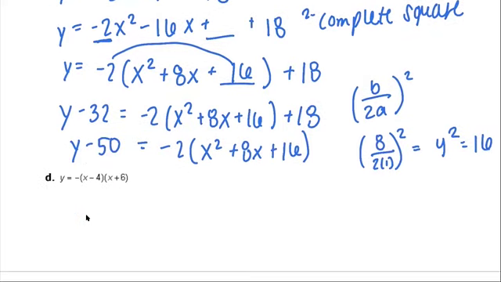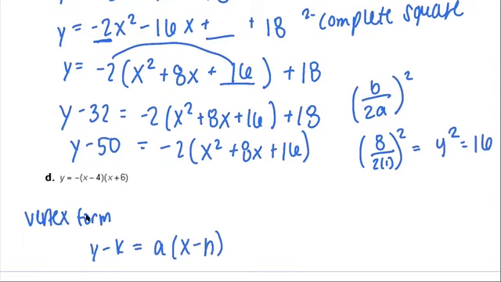Now remember, vertex form looks like y minus k equals a times (x minus h) squared. The only way we can do this is if we factor this. And our factor needs to end up being 2 of the same thing so we can square it.